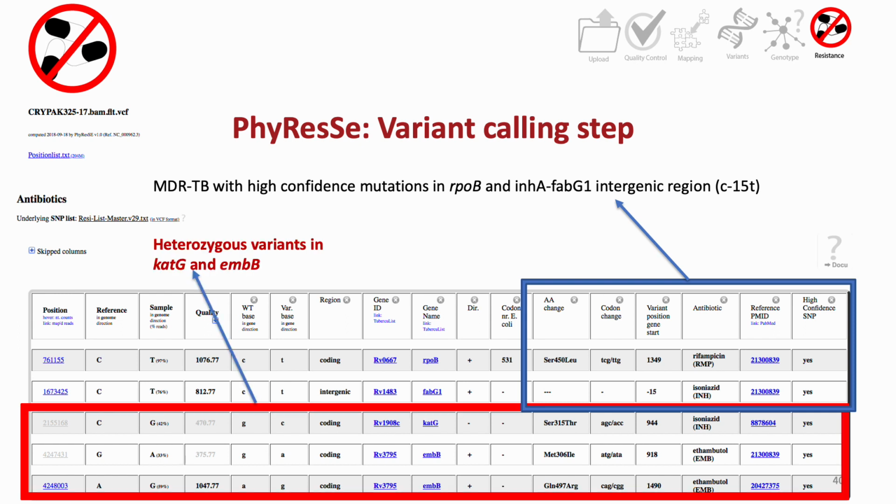But as you can see here, we have also other mutations. One of them is in katG and 2 in embB. The difference of these mutations with the 2 mutations above is the frequency of these mutations, which, as you can see here, is 42% compared to the rpoB mutation, which is 97%.